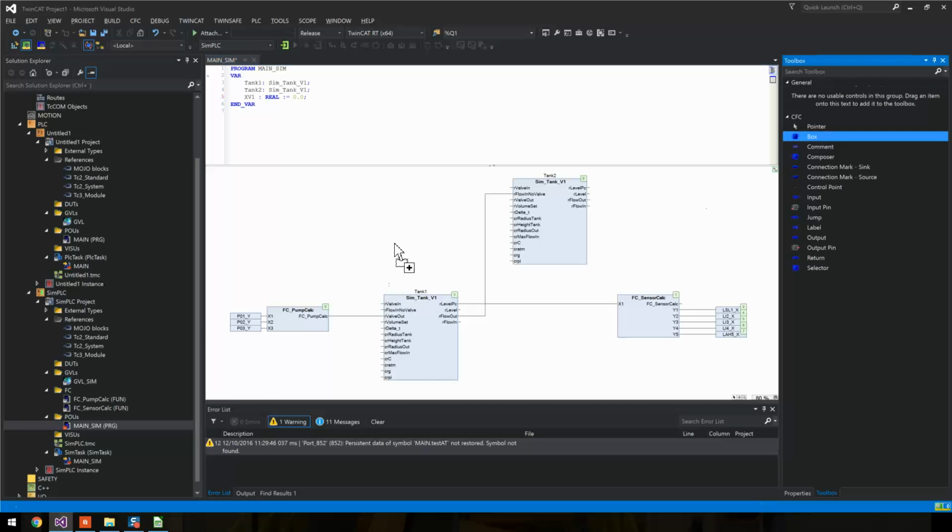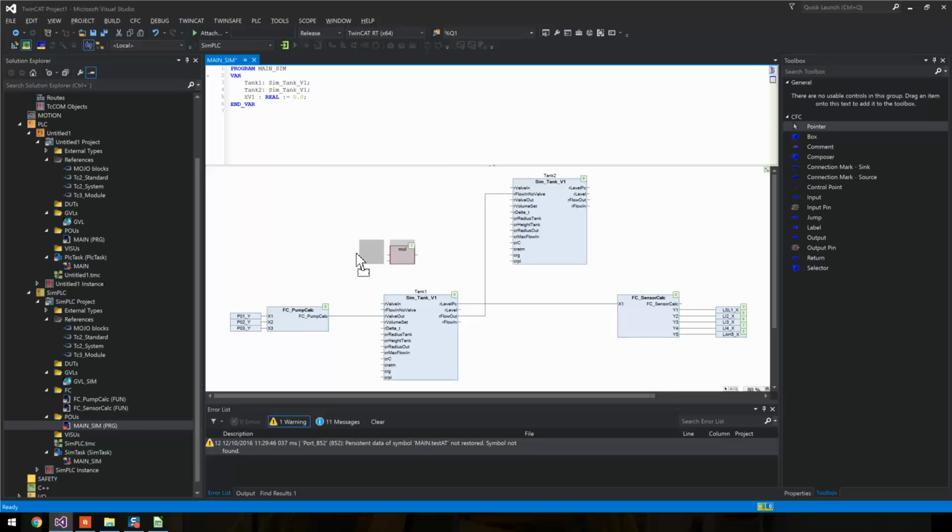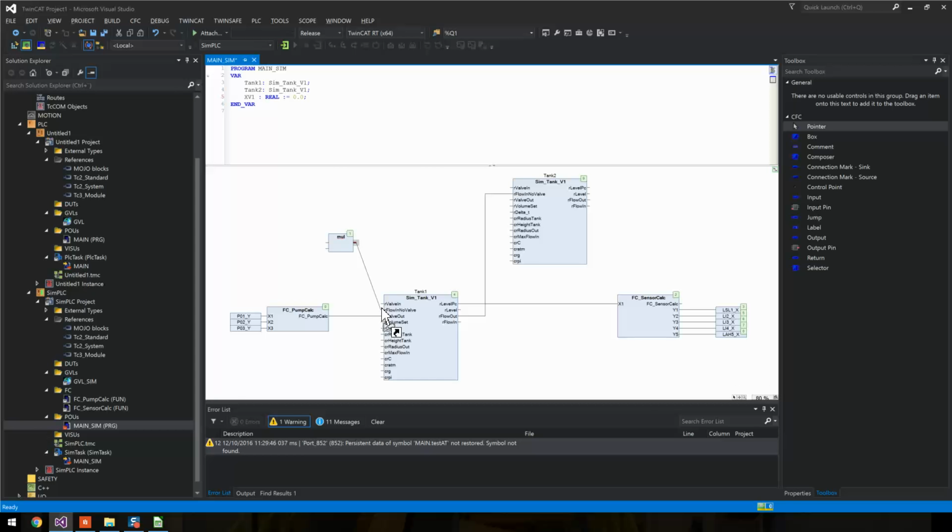Then let's use a multiplier. This should be the flow into tank 1, which is the flow out of tank 2 multiplied by xv1.